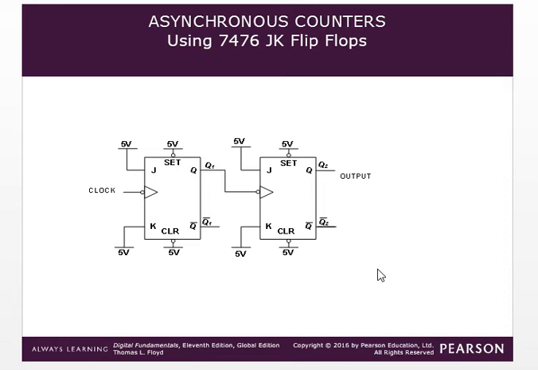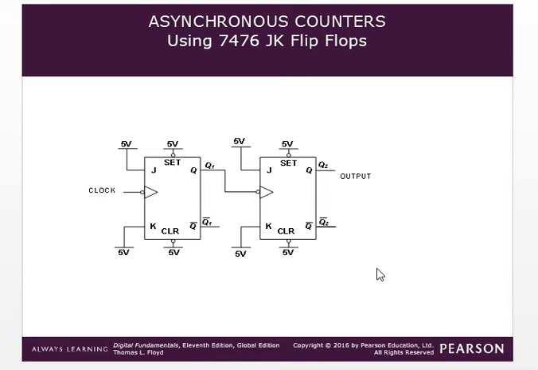In an asynchronous counter, the clock is applied to the first flip-flop, and the output of the first flip-flop is given as the clock for the second flip-flop. The output of the second flip-flop is given as the clock for the third flip-flop. So here the clock is in a serial nature. This is otherwise called a ripple counter.